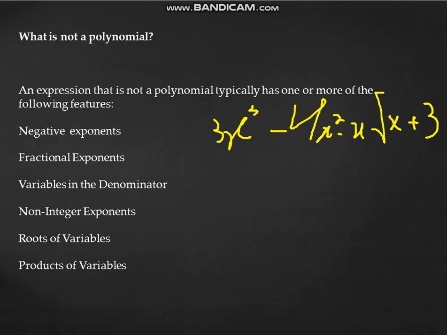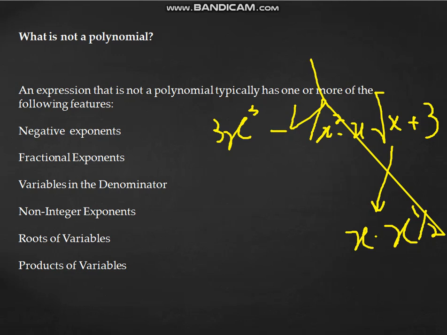Did you see any negative exponents? I do not. Any fractional exponents? If you open this root x in here, it becomes x to the power of 1 upon 2, because a root means a power of half.